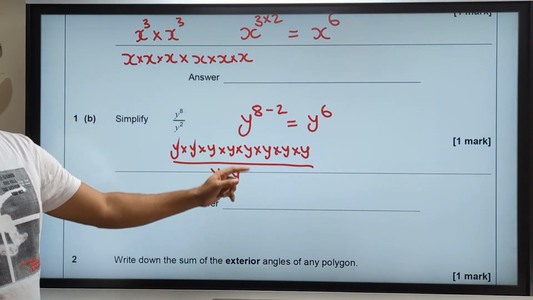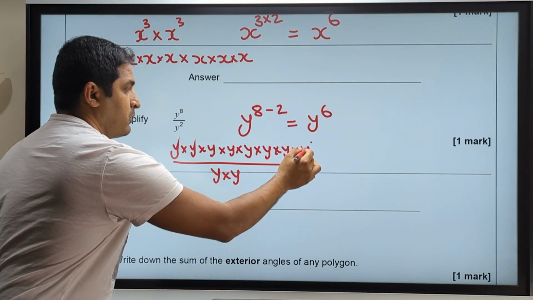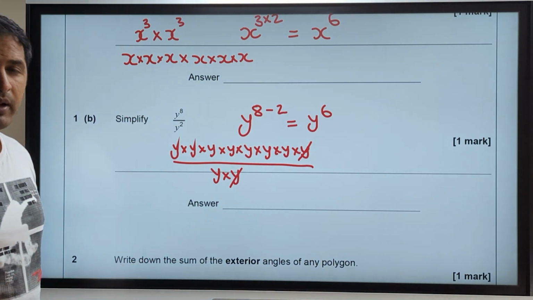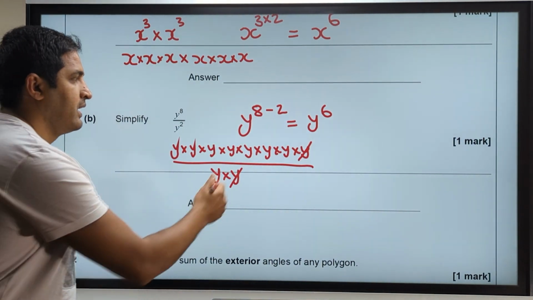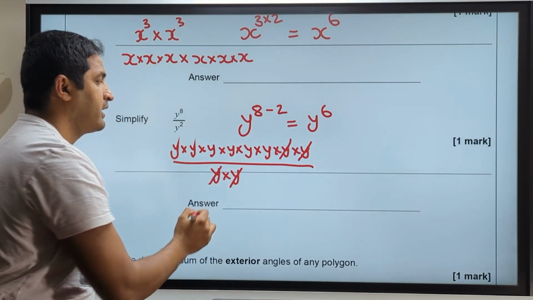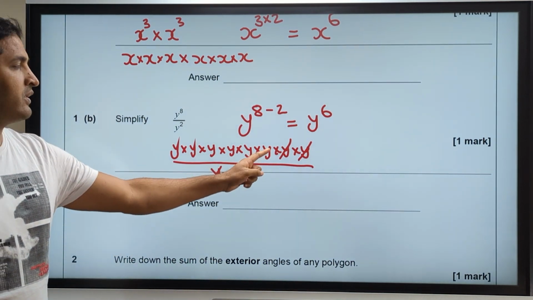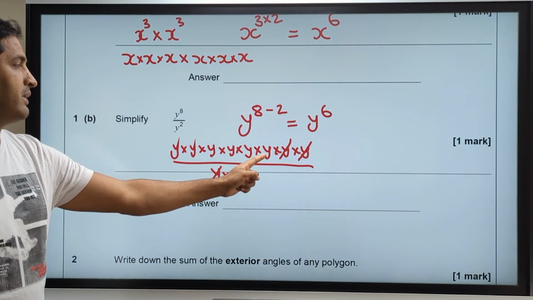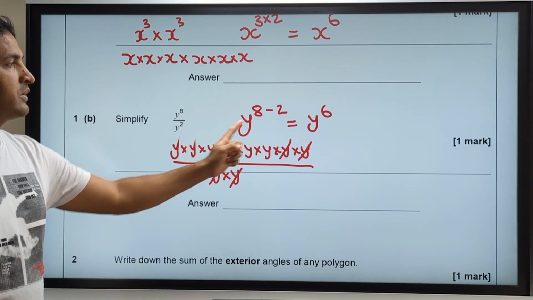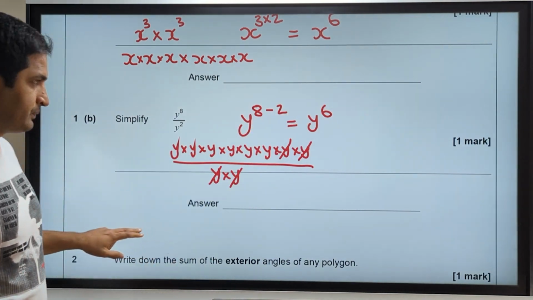Now I can divide top and bottom by y, and that gives you 1. And anything multiplied by 1 is just itself. Divide top and bottom by y again, that gives you 1. So all you get is 1 times y to the power 6, which is y to the power 6.